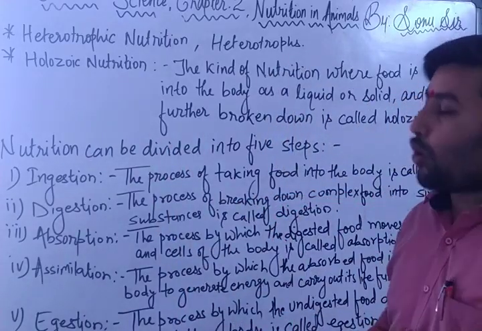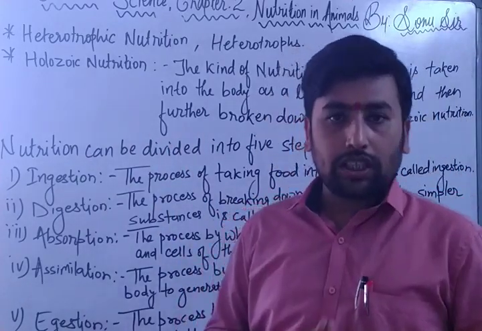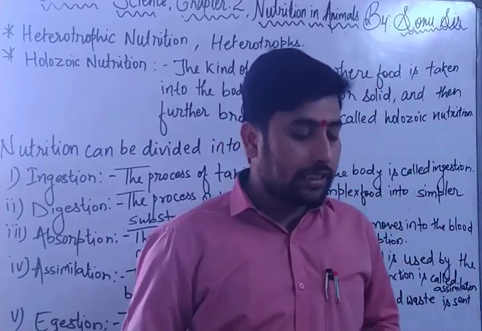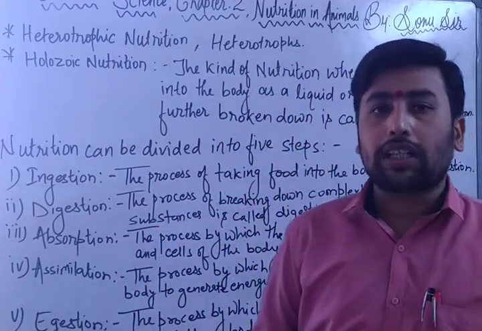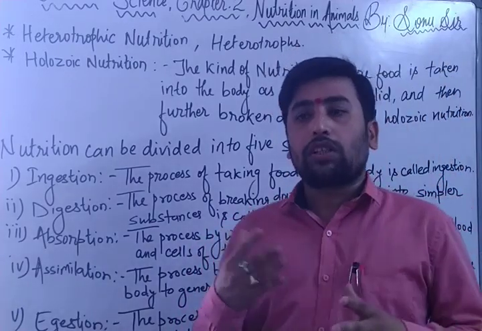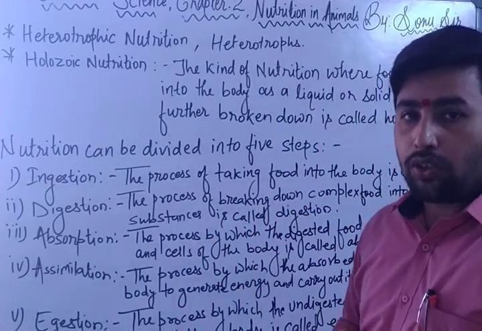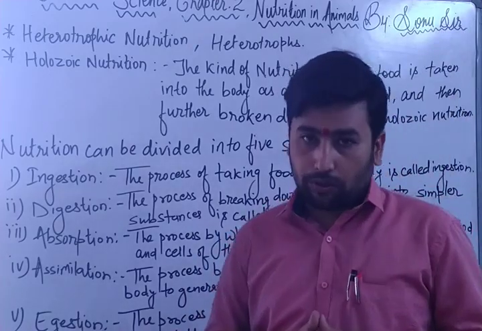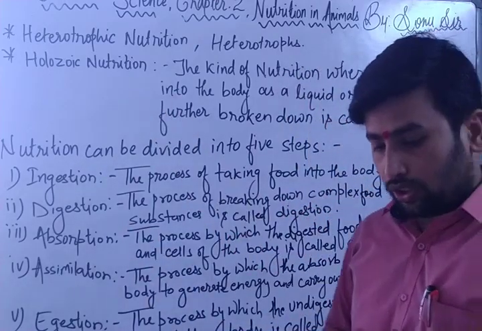First is heterotrophic nutrition, the mode of nutrition in which the living organism depends on another living organism or on autotrophs for its nutrients is called heterotrophic nutrition, and the organism is called heterotroph. Second is holozoic nutrition.